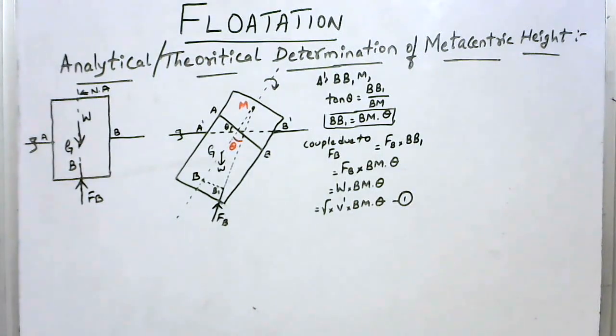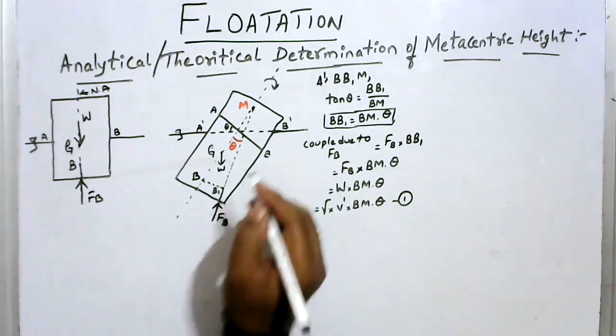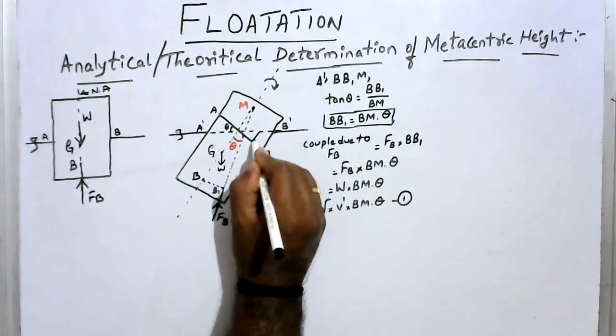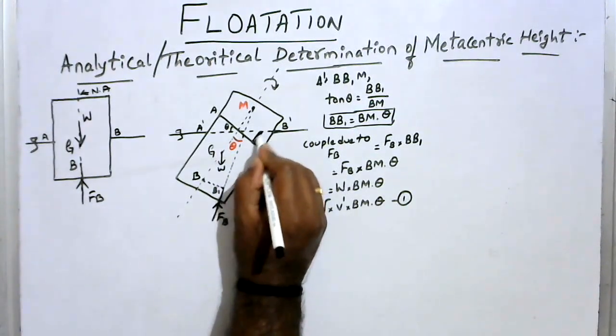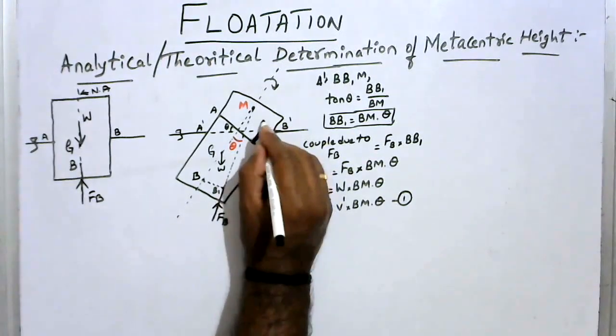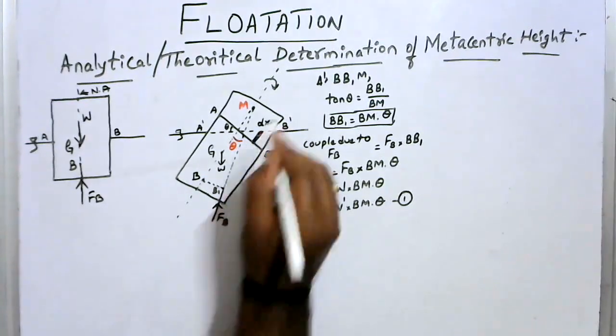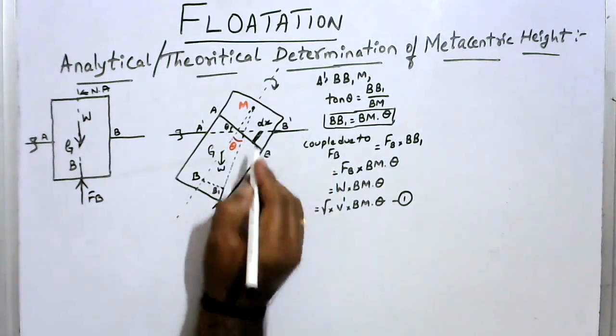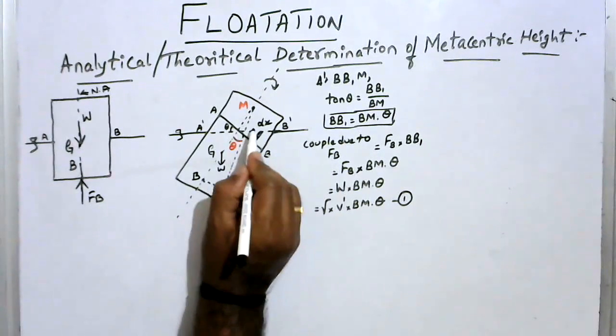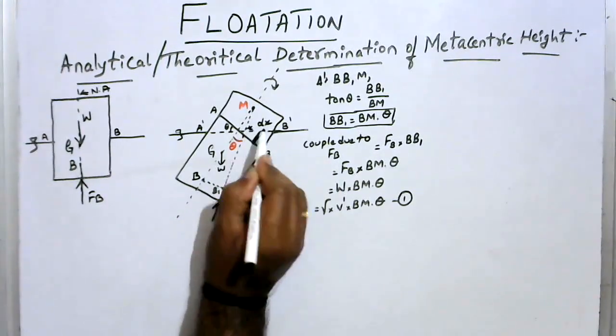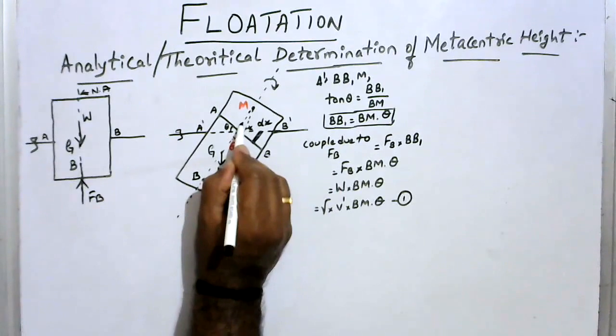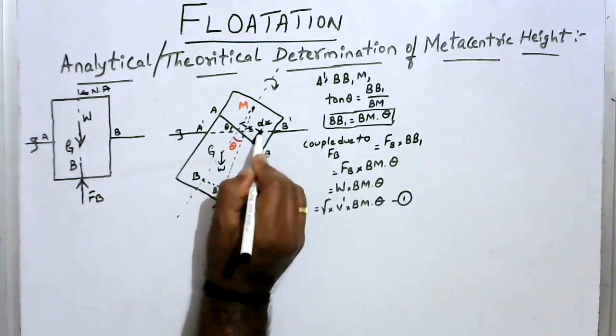Correct? Now I'll consider a small elemental strip of thickness dx at a distance x from the normal axis.